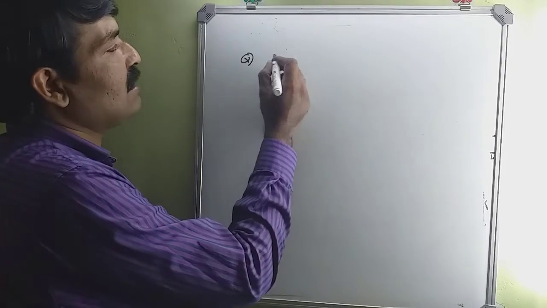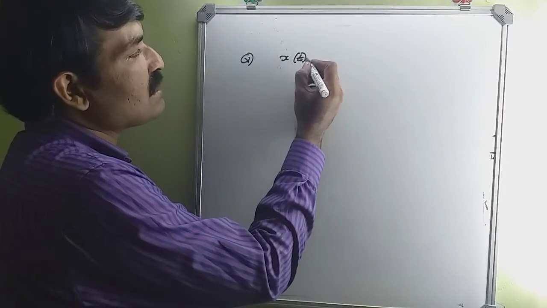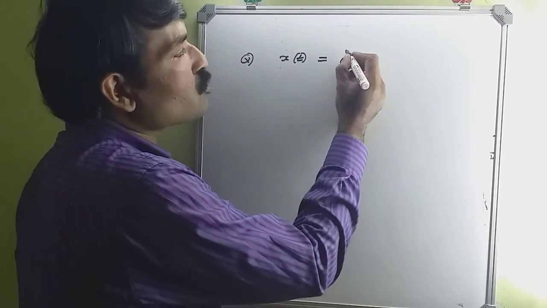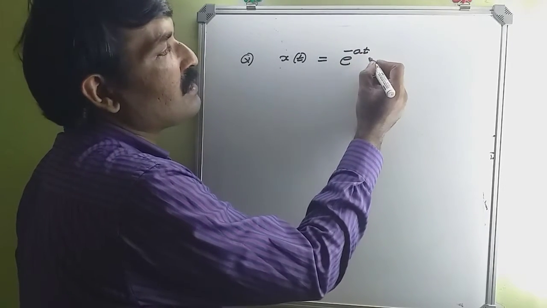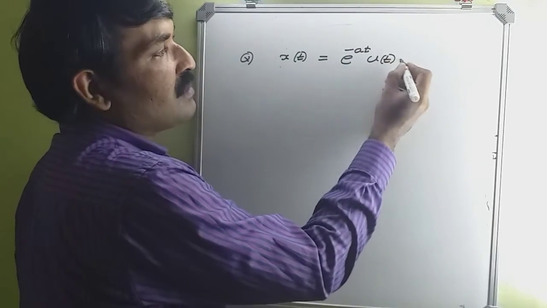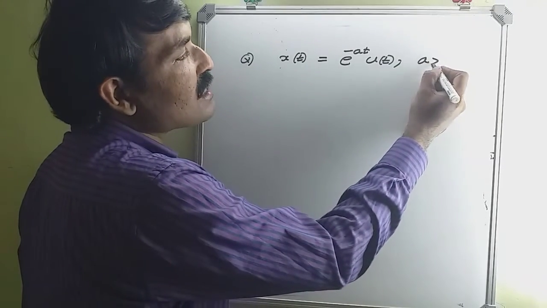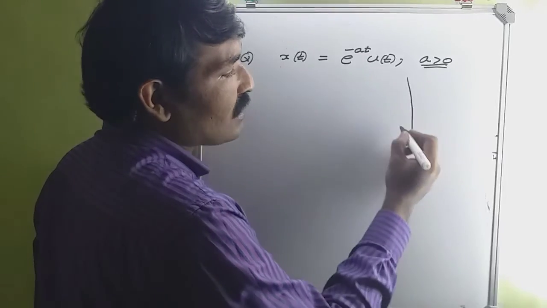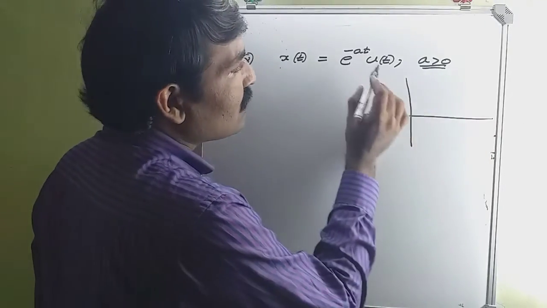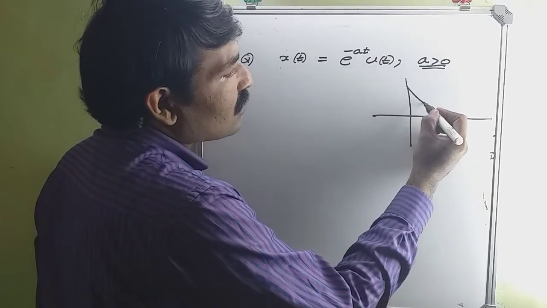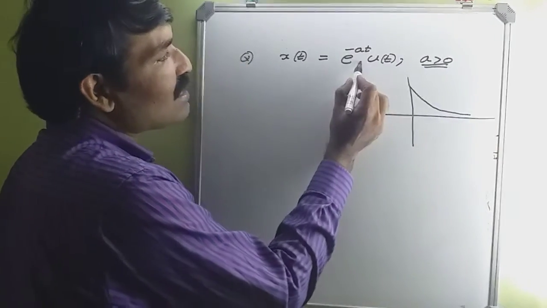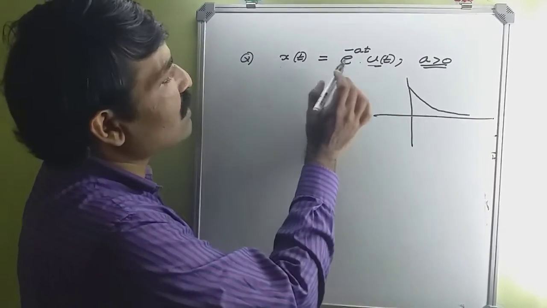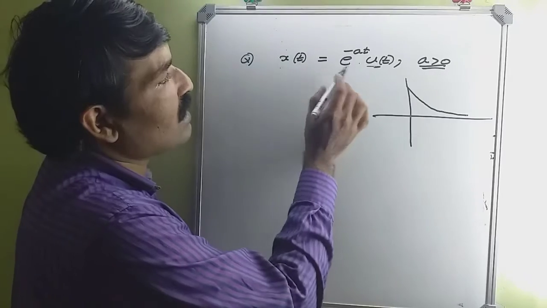Consider a signal x of t is equal to e raised to minus at into u of t, where a is greater than 0. So what is the graph of the signal? The graph of the signal comes like this. As signal is multiplied by u of t, the value of the signal is equal to 0 for t less than 0.